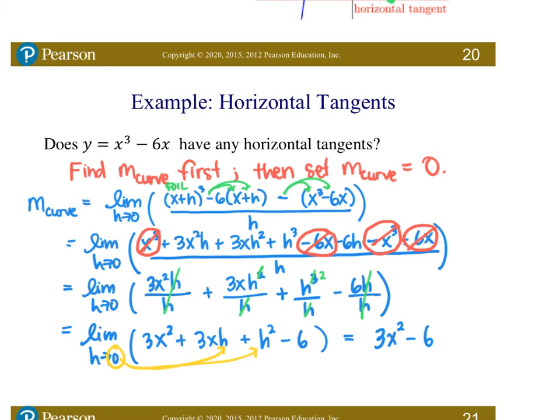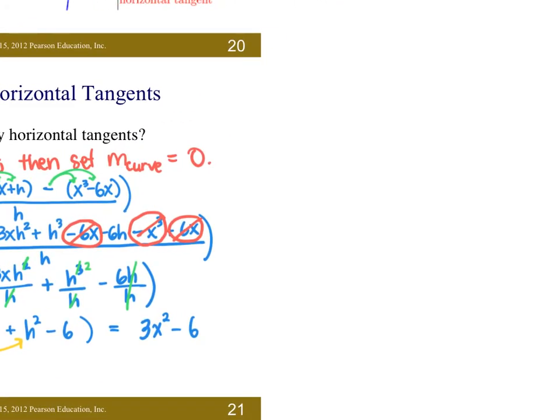So the second part is to find out when this might ever be equal to 0. So now I'm going to continue, and I'm going to take 3x squared minus 6 and set it equal to 0. That's not too hard of a math problem. Add 6 to both sides. 3x squared equals 6. Divide both sides by 3. So x squared is 2.